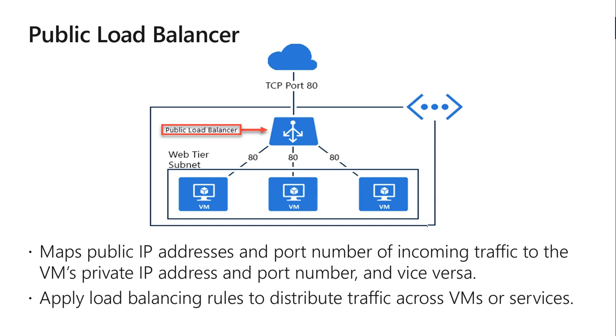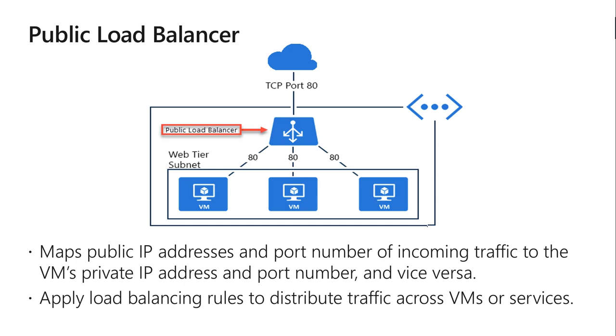So a public load balancer maps the public IP address and port number of incoming traffic to the private IP address and port numbers of the VMs, and vice versa for the response traffic from that VM. By applying the load balancing rules, you can distribute a specific type of traffic across your VMs or services.